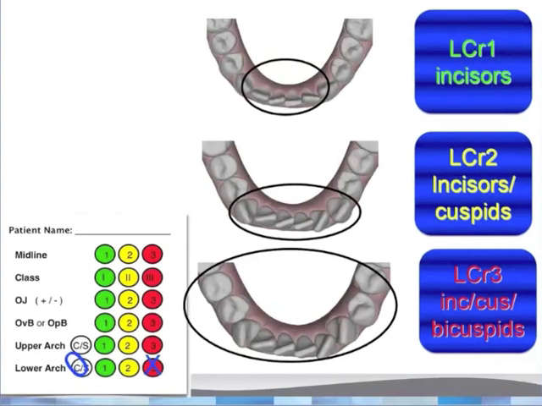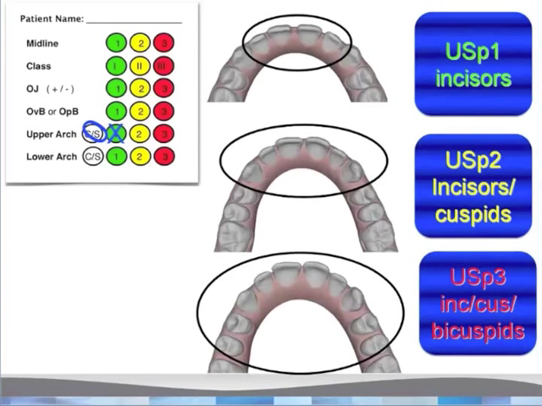If we were looking at this lower arch, the last one on the screen there at the bottom, it extends back to the bicuspid, so you have lower crowding 3, and that's the way you would mark your form. If we're dealing with spacing, the top image you see there with spacing, limited to the incisors, that's spacing category 1, so you circle the S on your form for spacing and simply put an X over the 1.